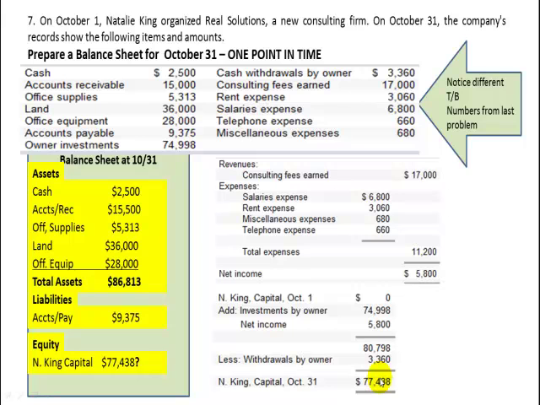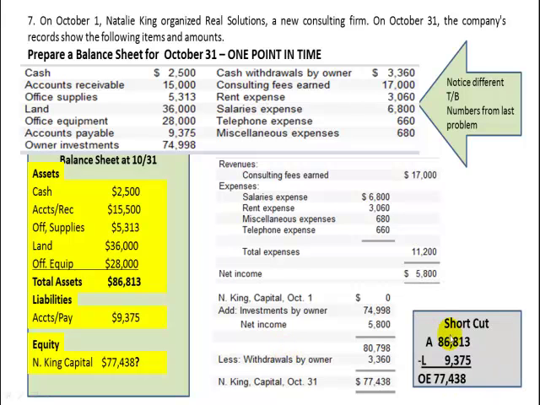So you could have put together two separate statements in addition to this balance sheet, which would be an income statement and this statement of owner's equity, or you could take the magic shortcut. And the magic shortcut is this. We know that this equation has got to stay in balance all the time.